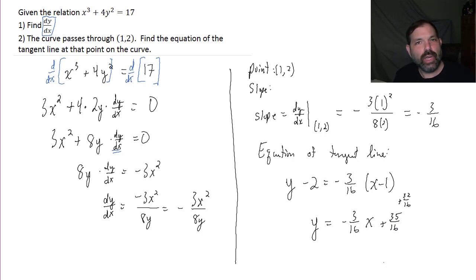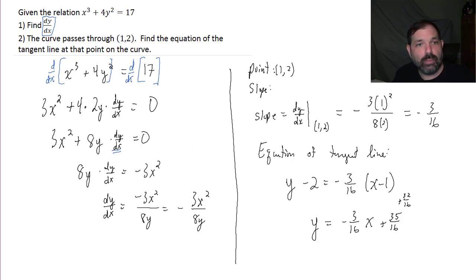Let's go ahead and check and see if I did this right. Now, graphing this relation x cubed plus 4y squared equals 17, our calculators are going to have a tough time with that, because our calculators, the TI-83, 84 calculators, they like the function form, y equals some function of x. But Desmos can handle this pretty quickly.